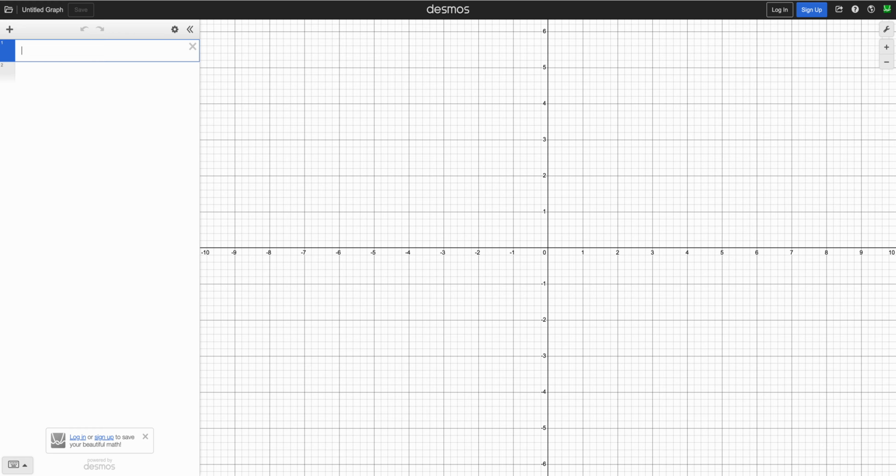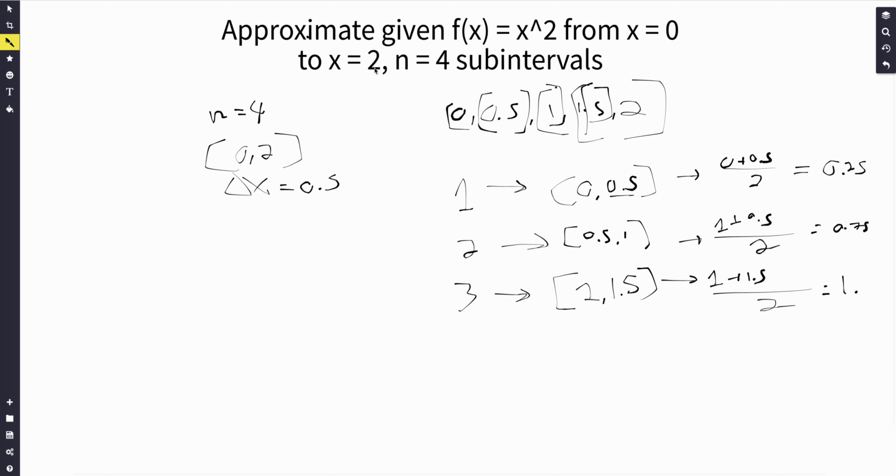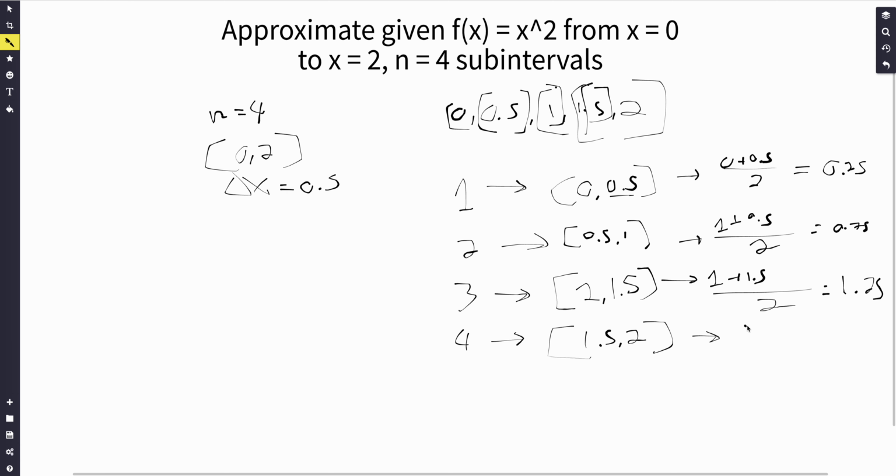Let me do this calculation, I kind of forgot. It's 1.25. And for the fourth, we use the same process: 1.5, 2, and 1.5 plus 2 divided by 2 is equal to 1.75.